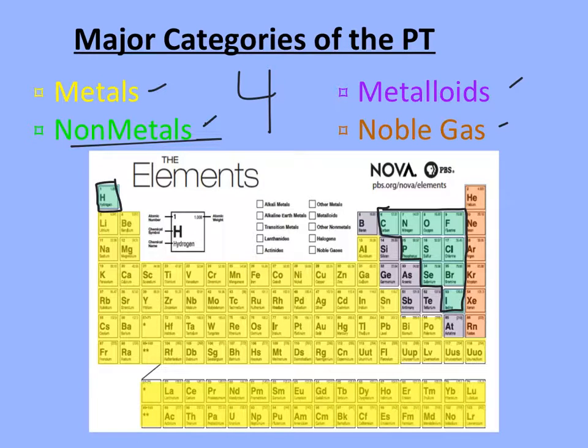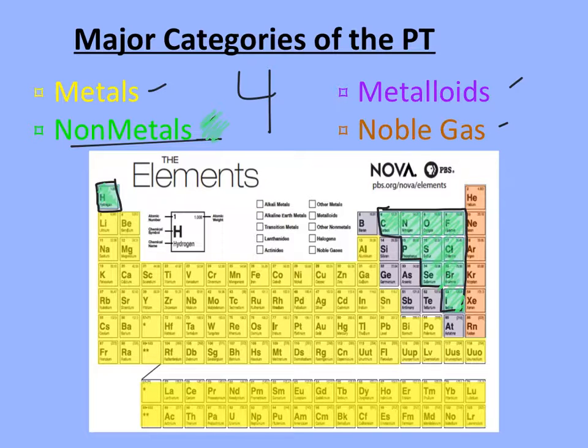So go ahead and pick whatever color you want that to be, and just shade it in lightly so you can still see those sections. And then in the key, go ahead and make a little note that that's your nonmetal color.